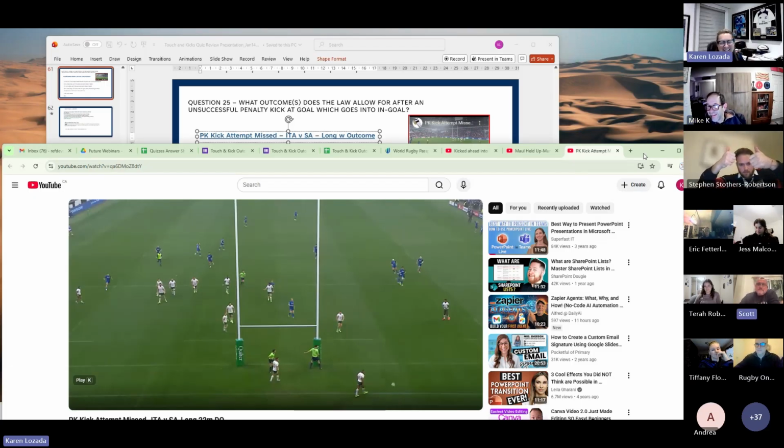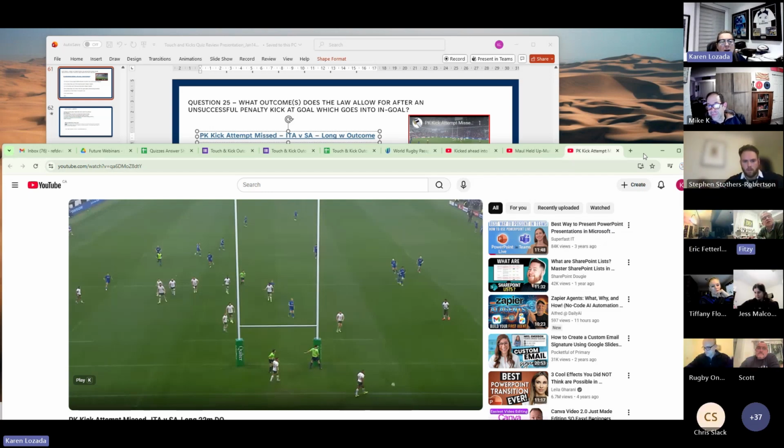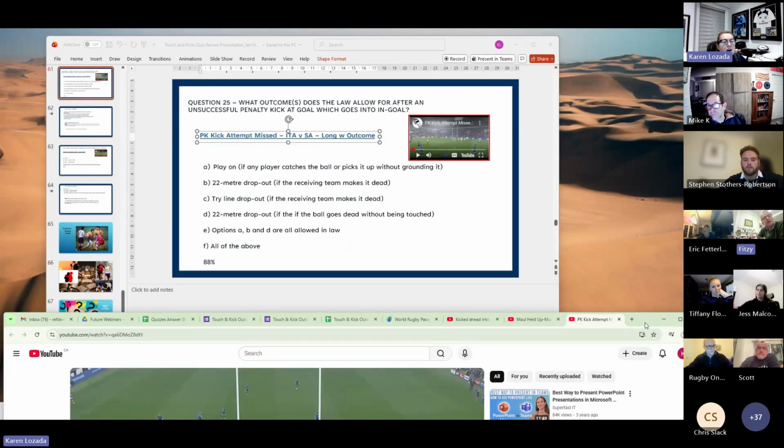But not if it's a kick at goal, not if it's a penalty kick. What? You can't call a mark off a penalty kick at goal. Oh, just an open play kick. If it's a kick in open play that comes off the post, then yes, before it hits the ground, you can call a mark, but not if it's a penalty shot.